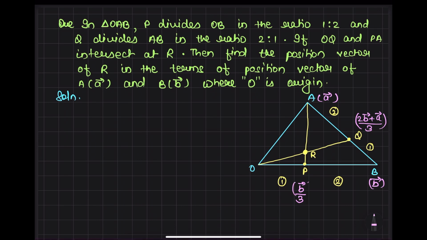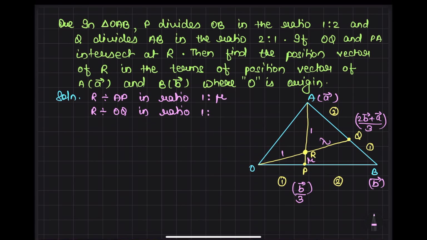So we got our vector P and vector Q. We need to find the coordinate of R. So how will we proceed? Suppose R divides AP in the ratio 1 is to mu, and R divides OQ in the ratio 1 is to lambda.